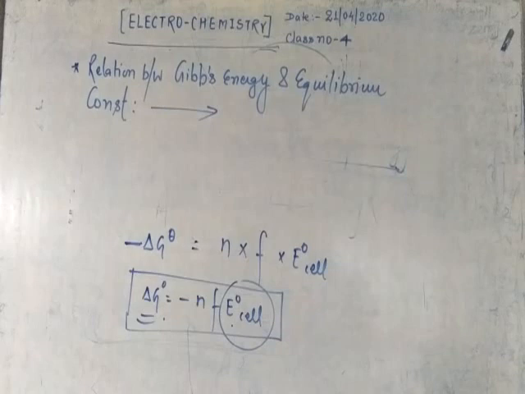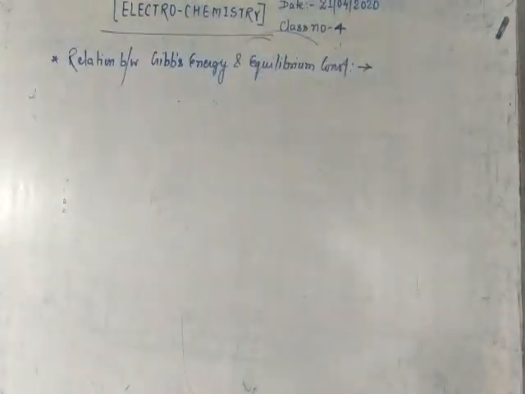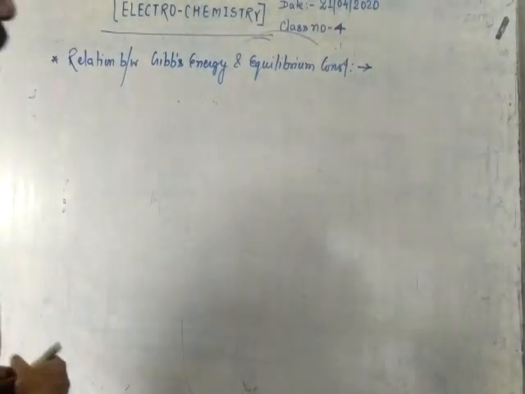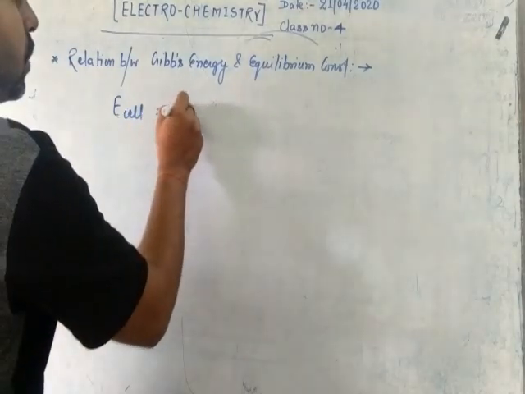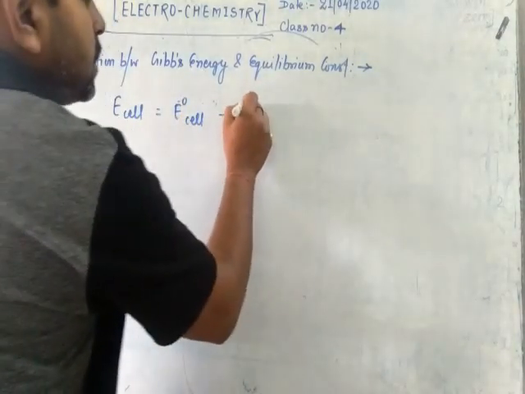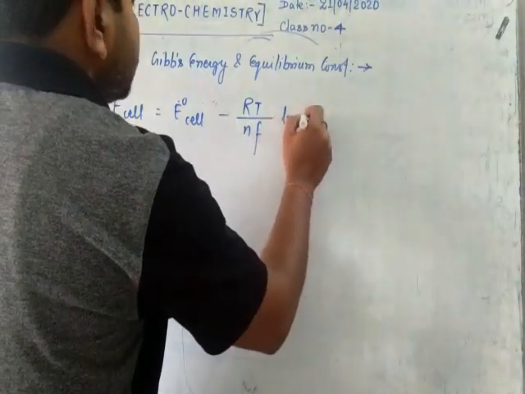In the Nernst equation, there is a relation to calculate any electrode potential: E cell equals E0 cell minus RT by nF ln Qc.